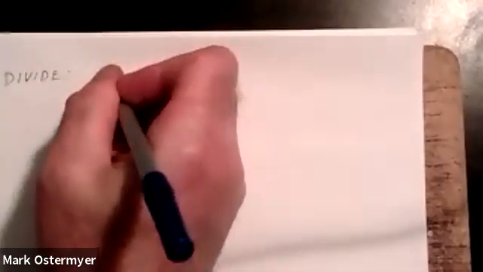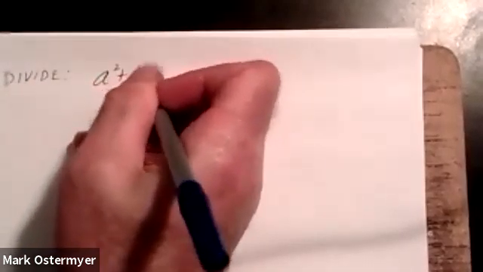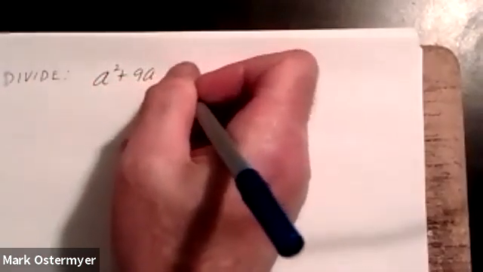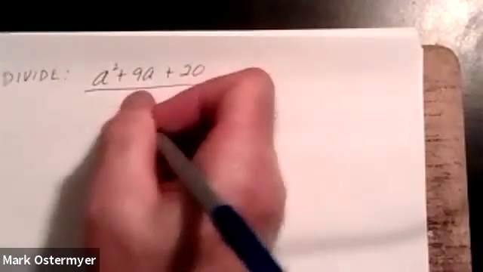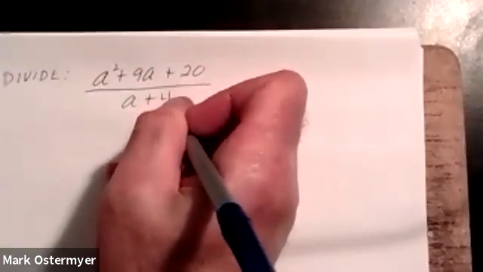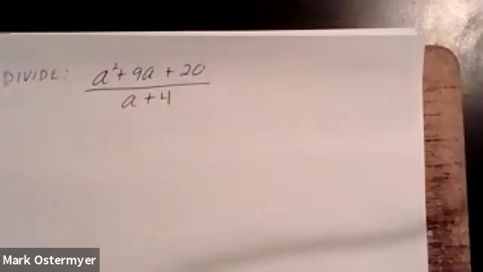All right, let's do this one here. Let's divide a squared plus 9a plus 20 divided by a plus 4. So we're going to try to divide this trinomial by this binomial here.